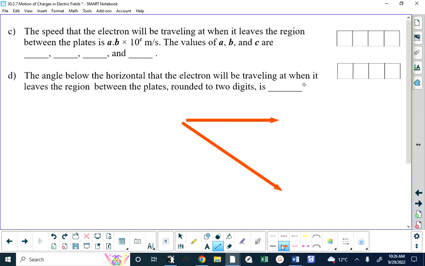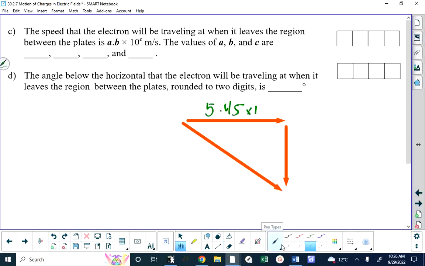There is a horizontal component and a vertical component, and the horizontal component is that 5.45 times 10 to the 6 meters per second.